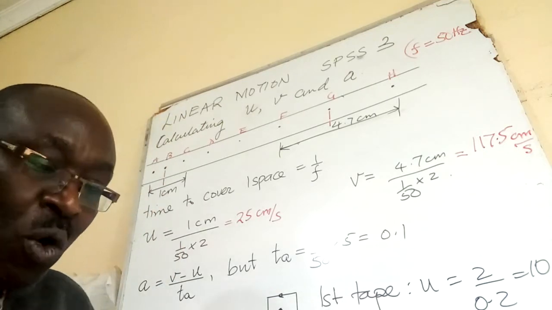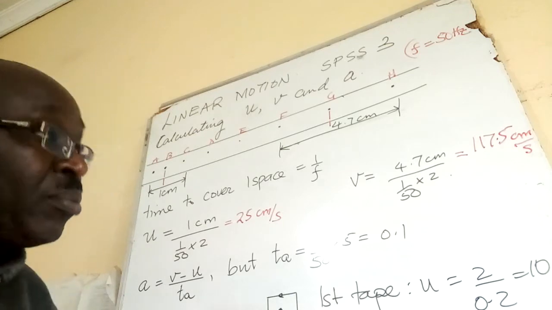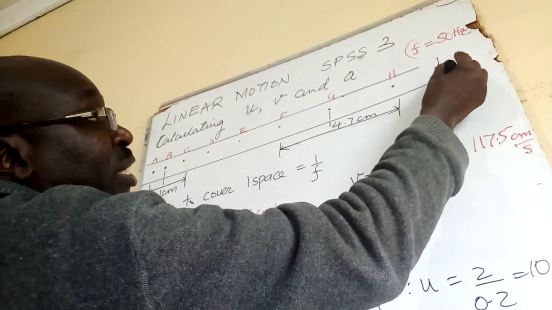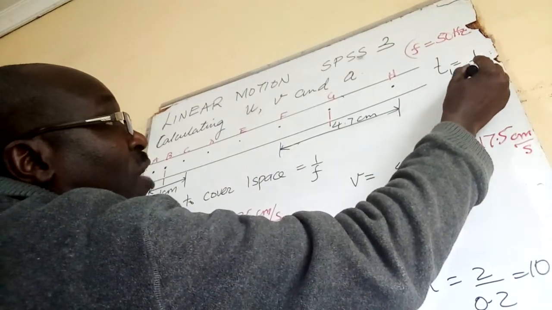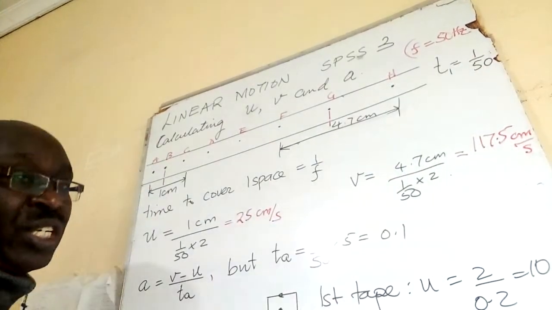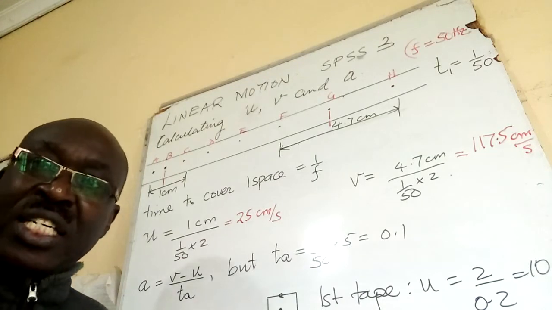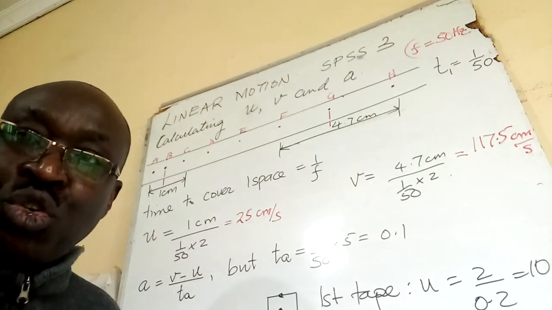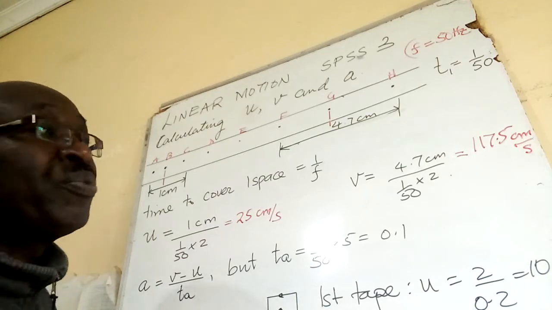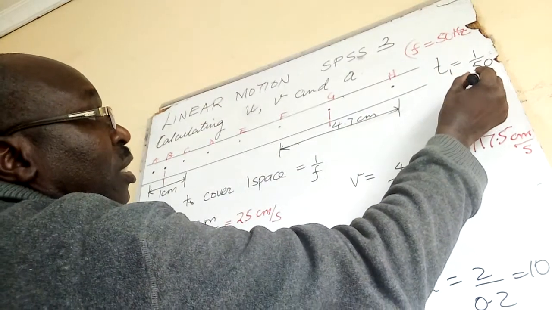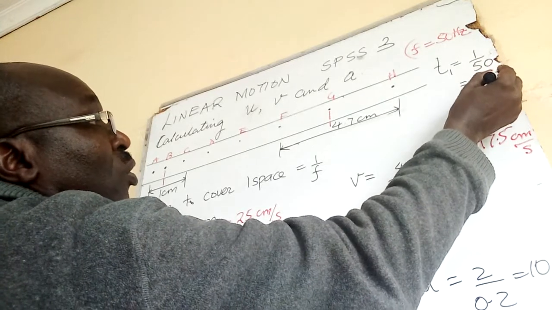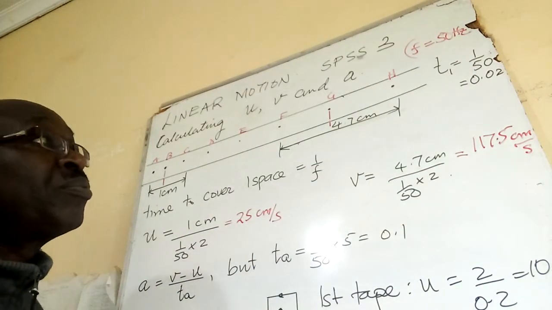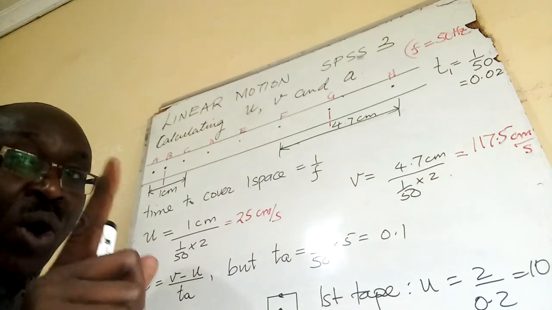So time for one space is equal to 1 over frequency, which gives us 0.02. Okay, that is time for one space.